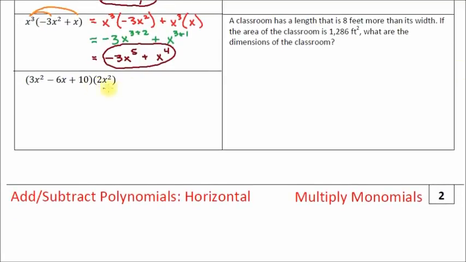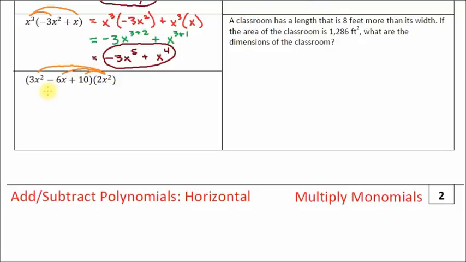We've got a monomial and a trinomial. Now don't be thrown by this, class. It doesn't matter. Notice here the monomial was in front. Here the monomial is in back. If you don't like that, you can just move it over to the front, but we can distribute backward as well as forward. So in this case, you can distribute the 2x squared to the first term, and the second term, and the third term.